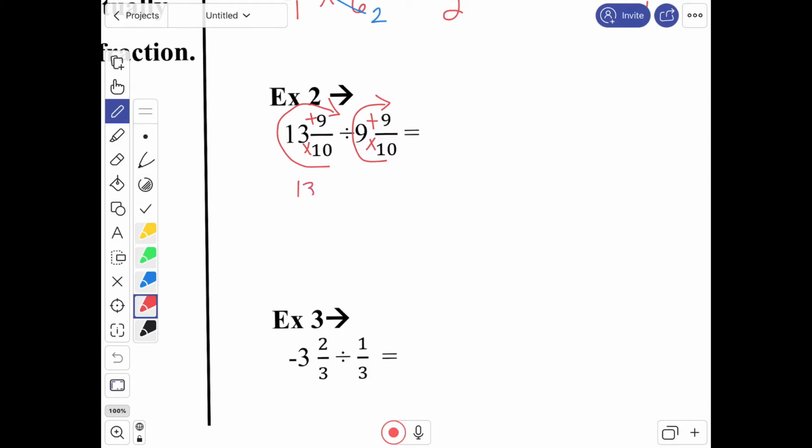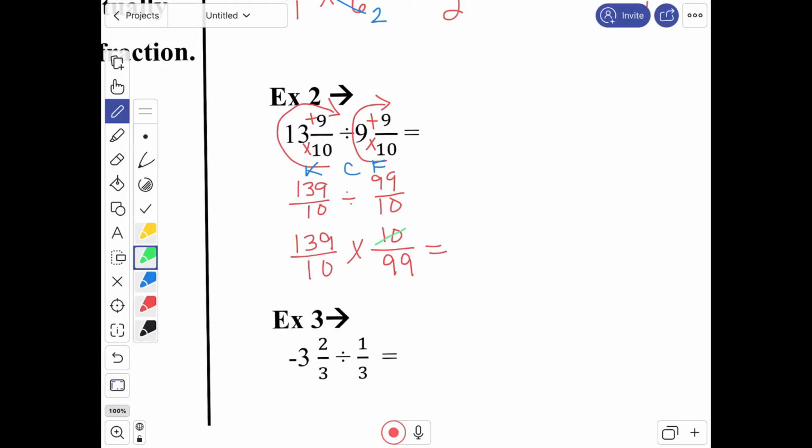So we have 10 times 13, which is 130, plus 9, that makes 139 over 10, divided by 10 times 9 is 90. 90 plus 9 is 99 over 10. Then I'm going to keep, change, flip. Keep the 139 over 10, change to multiplication, and flip the fraction.